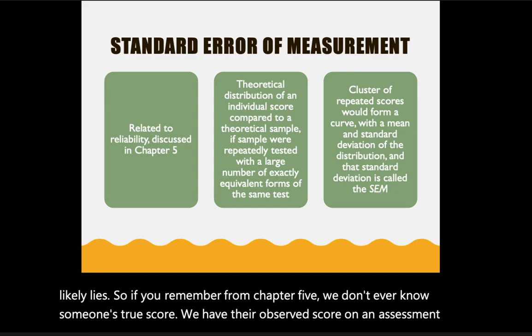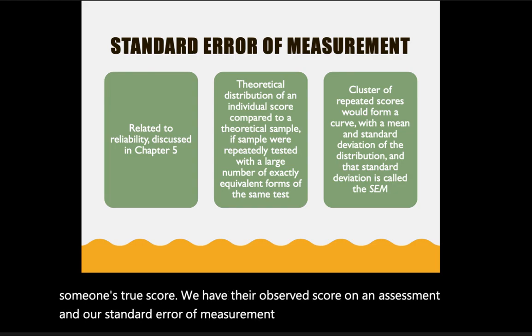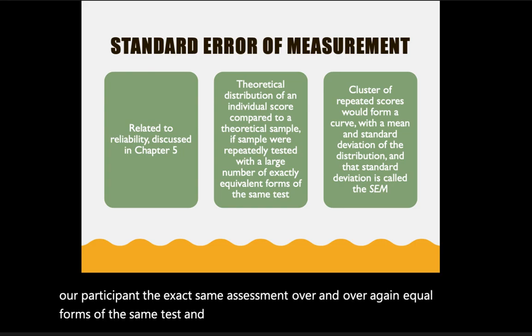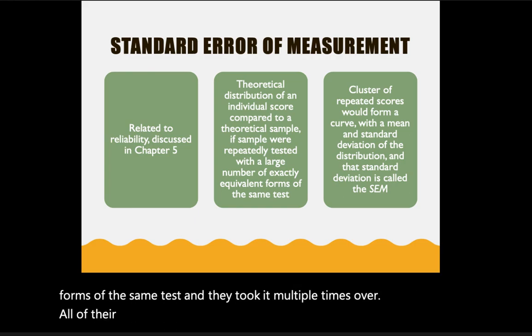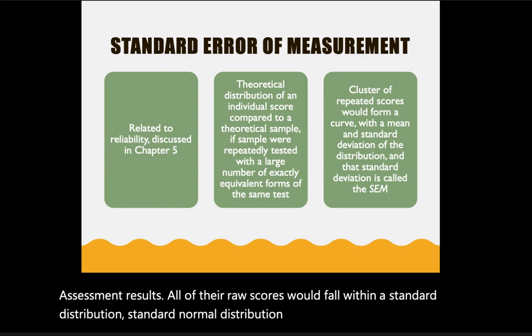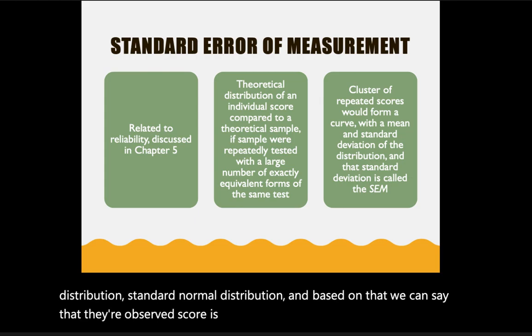And our standard error of measurement will say if we theoretically gave our participant the exact same assessment over and over again, equal forms of the same test, and they took it multiple times over, all of their raw scores would fall within a standard normal distribution, and based on that, we can say that their observed score is likely this close or this far away from their true score.